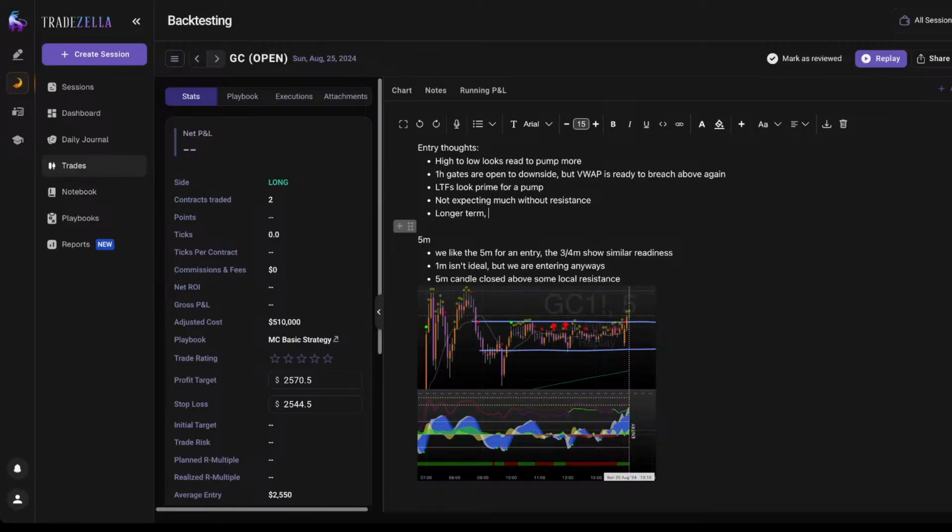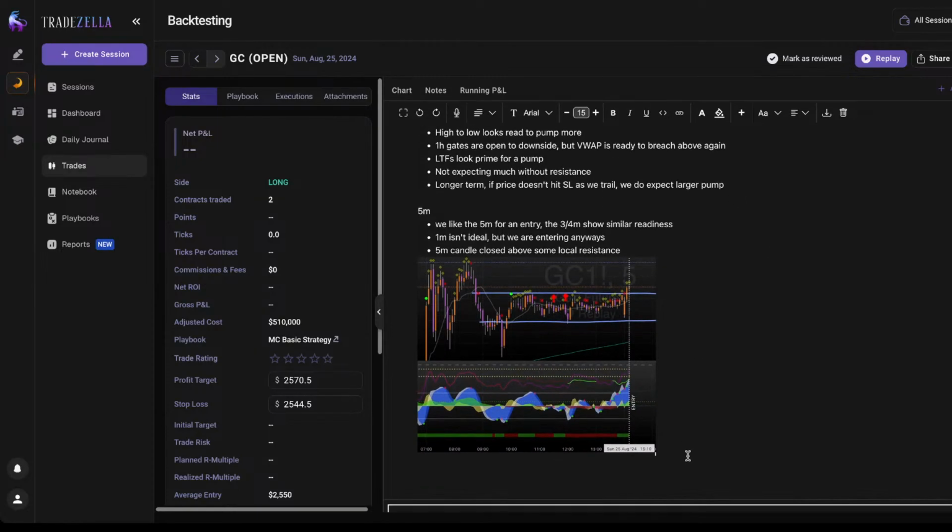Longer term, if price doesn't hit stop loss as we trail, we do expect a larger pump. Those are all facts. 15-minute, it's pumped, but gates are open, and we like RSIs and money flow for more action.